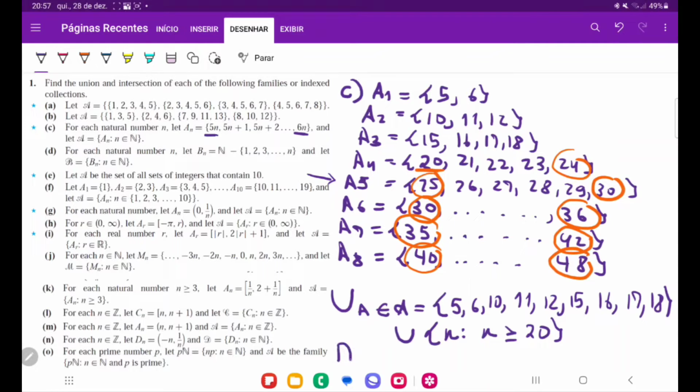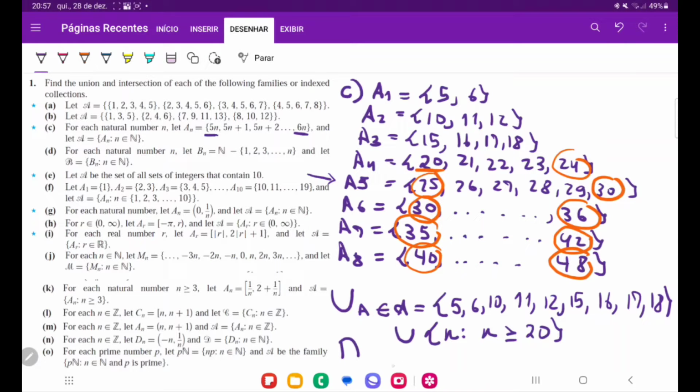And then the intersection, oops, I put this wrong. So the intersection of our family is whatever they have in common, and that's just going to be the set of n where n is greater than 20. So actually no, that is not true. The intersection is going to be empty.